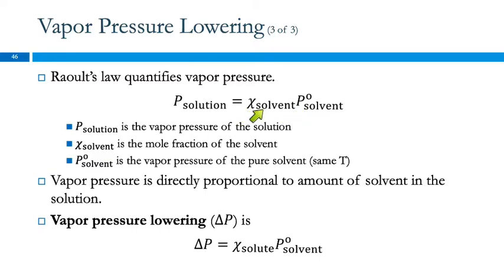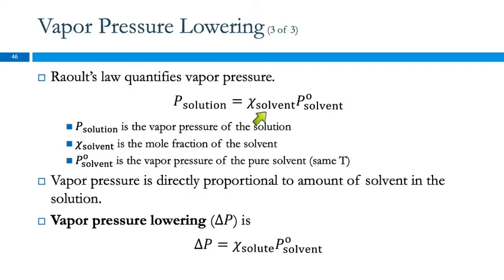So the mole fraction of the solvent, if you had pure solvent, what would its mole fraction be? 1, right? Because it's moles of solvent divided by moles of solution. Well, if you don't have any solute, then it's moles of solvent divided by moles of solvent, which is 1. Then the pressure of the solution is equal to the pressure of the pure solvent.